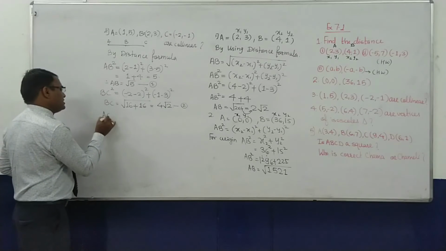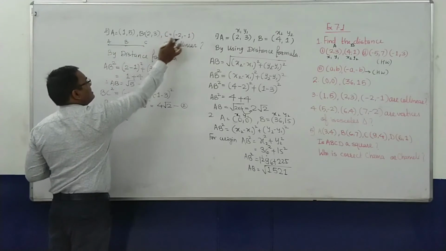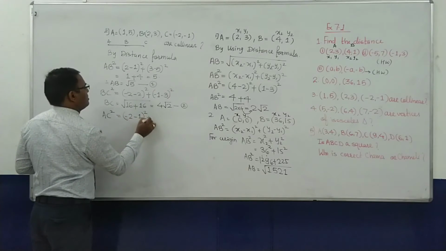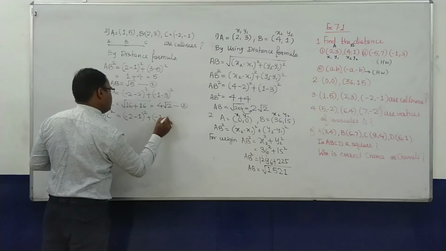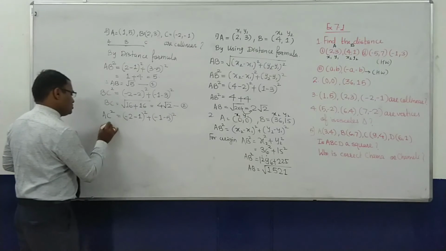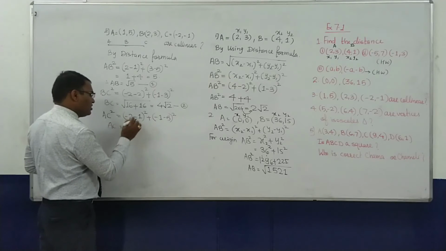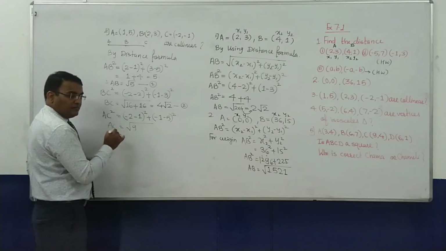And what about here? AC square. AC square will be (minus 2 minus 1) square plus (minus 1 minus 5) square. So here AC will be minus 2 minus 1, which is minus 3. Square of minus 3 is 9.